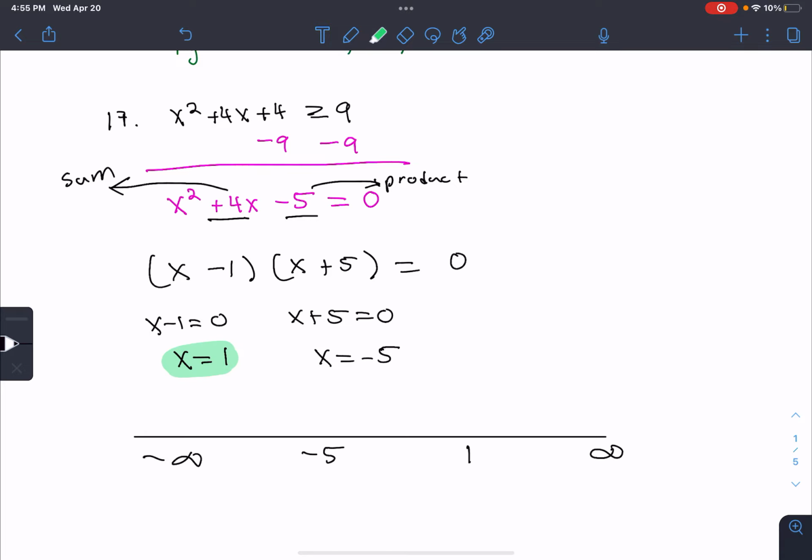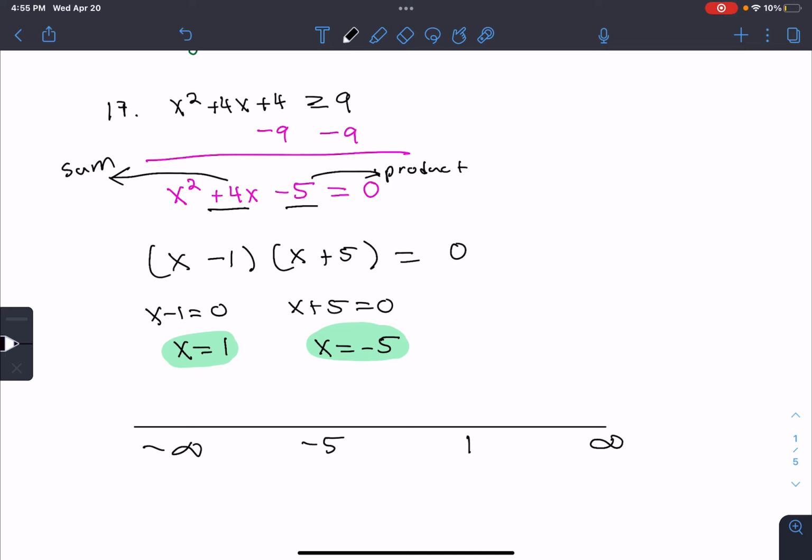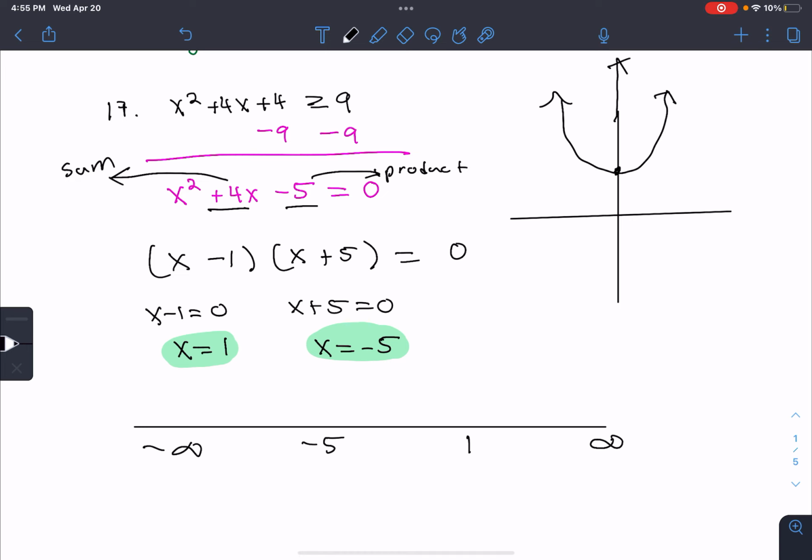So imagine you have a parabola, which looks like this. If you look at this problem, do you see how the y-intercept is 4? And this right here is like y equals 9.